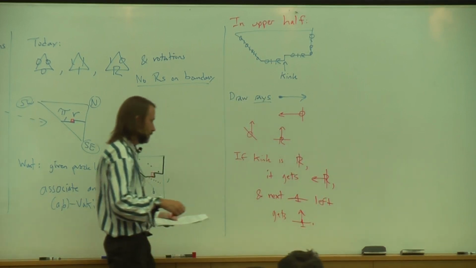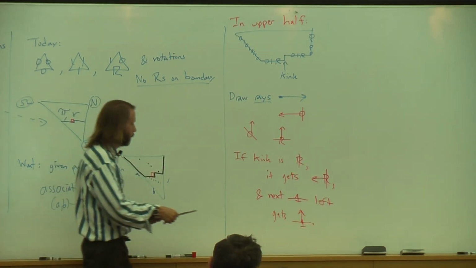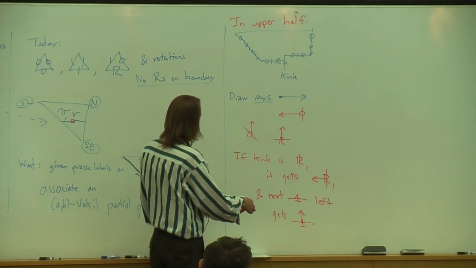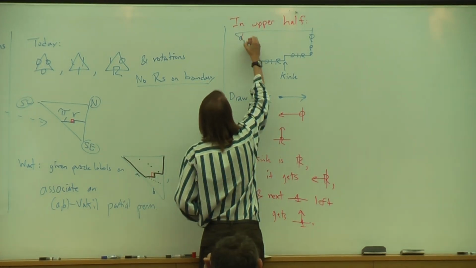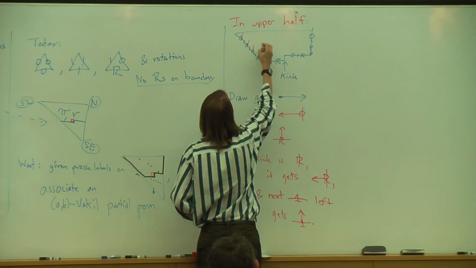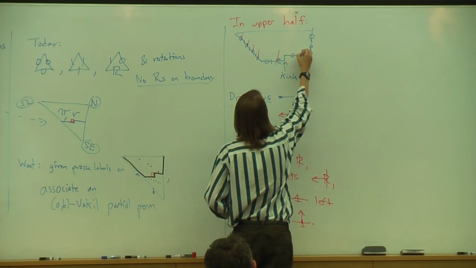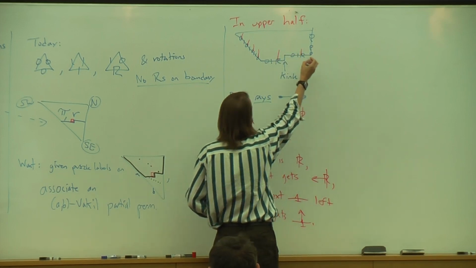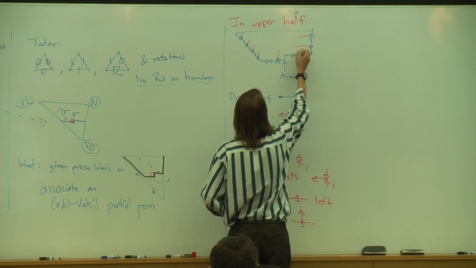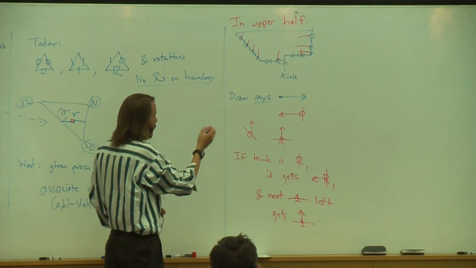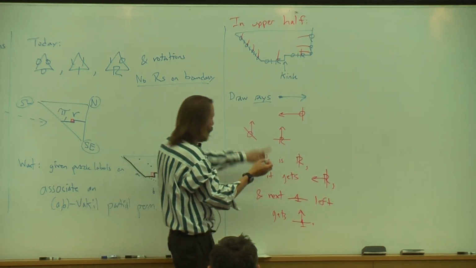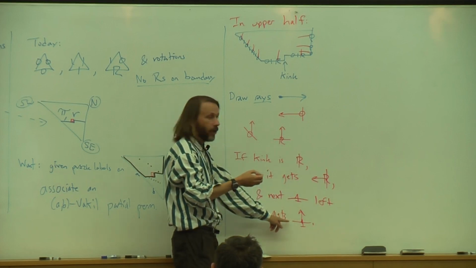So mostly I've got these rays coming up from zeros and from r's and coming right from zeros. But there might also be one ray coming up from a 1.